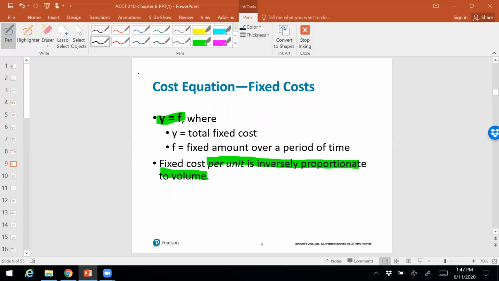Let's use the insurance as the example: every month is $50, and then put the miles here. Your numerator, the total, is fixed. Your denominator, if you drive more, then the average will be lower. That's the reason the per unit cost is inversely proportional to the volume.